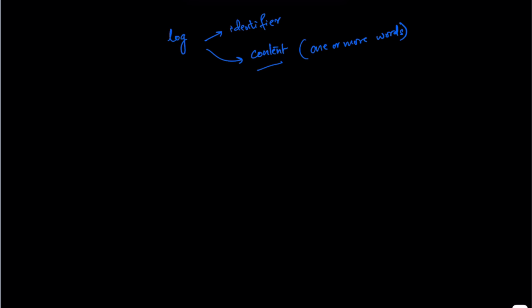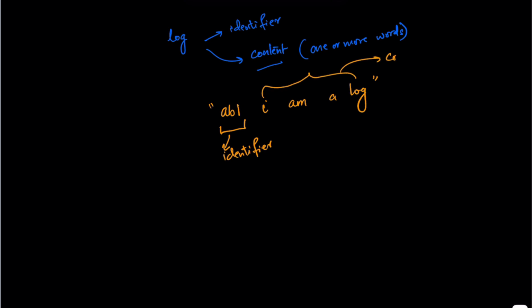So if we write an example for a log, let's say a string identifier AB1, then followed by I am a log. Inside this, this part here is the identifier, and the remaining part is the content.